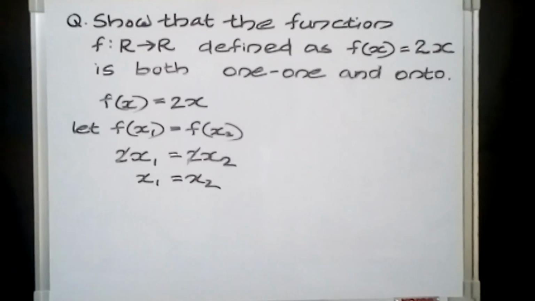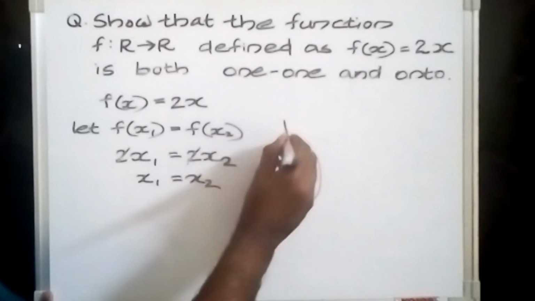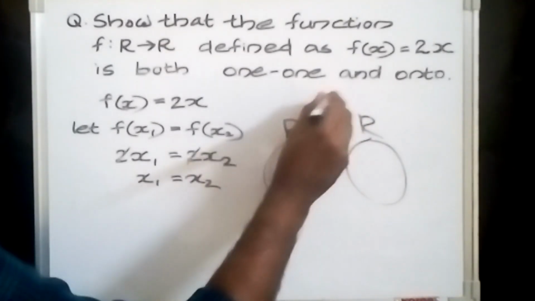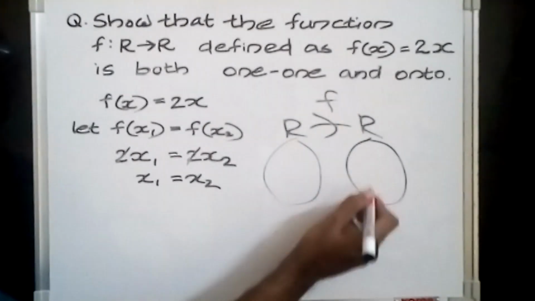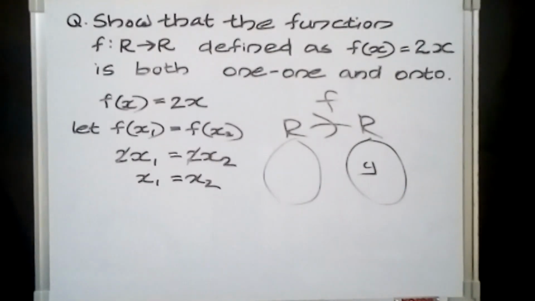Now we have to show that the function is onto. The function f is defined from the set of real numbers R to R. Let there exist a random point y in the second set.